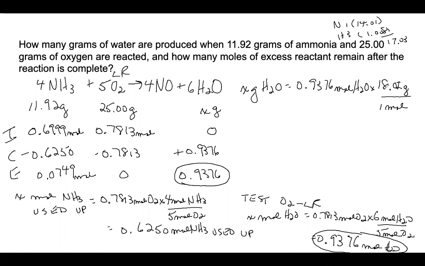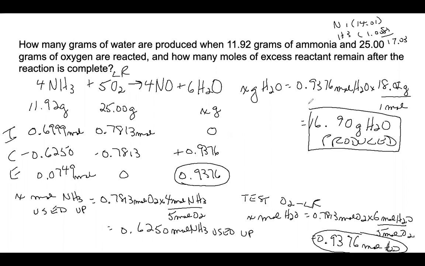So 0.9376 times 18.02 equals, and we get 16.90 grams H2O produced. So that's the answer to that first part of the question.